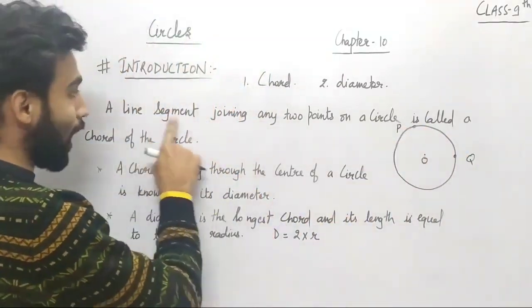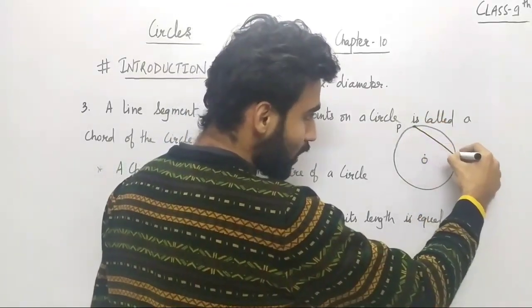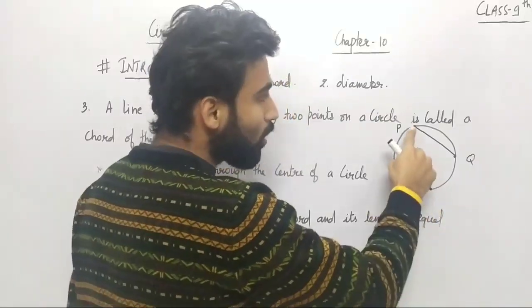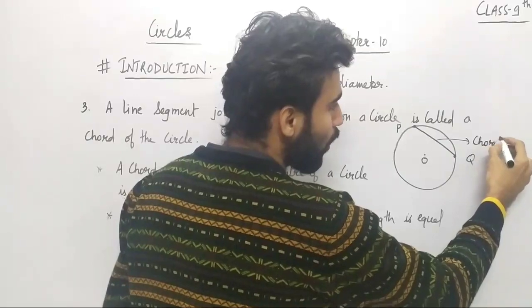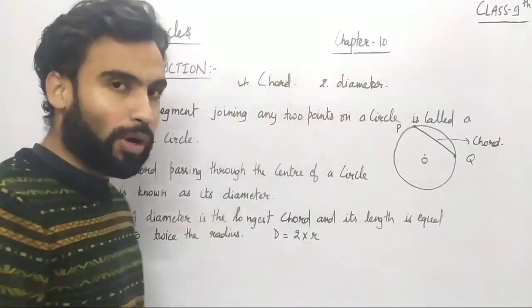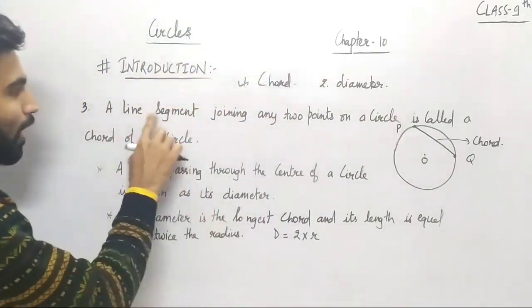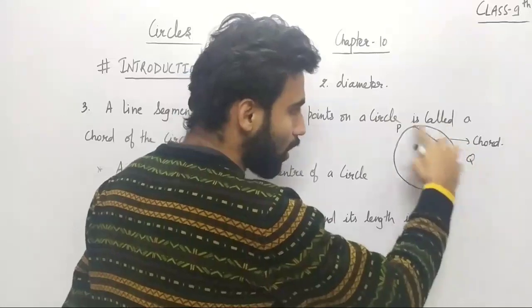The line segment joining these 2 points lying on the circumference is known as a chord. So now I hope you understood what a chord actually is. A chord is simply a line segment joining any 2 points on a circle, right?